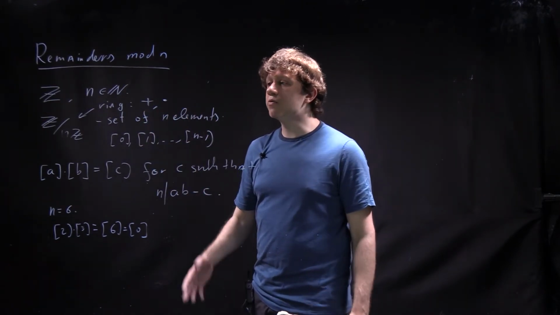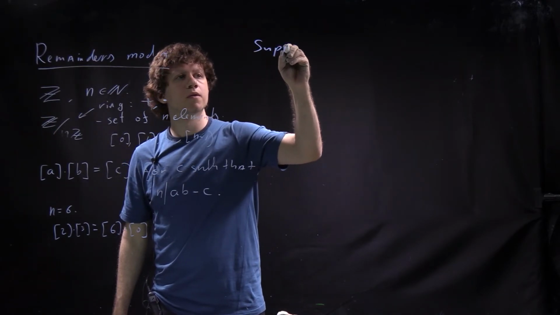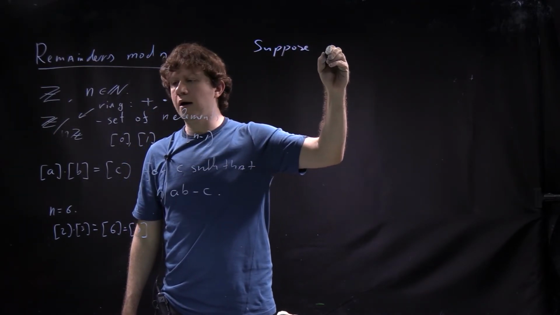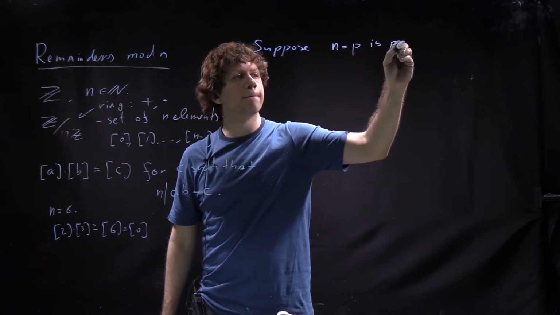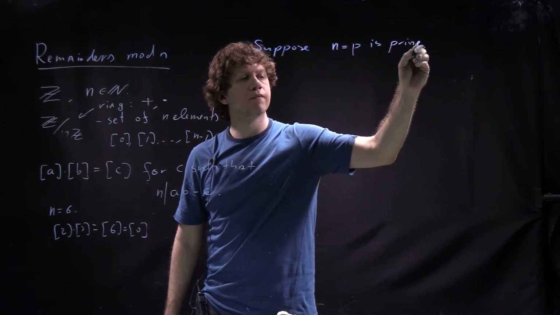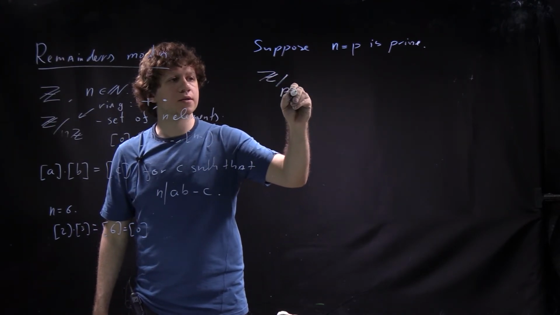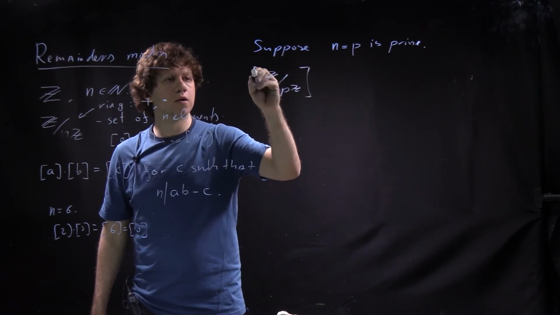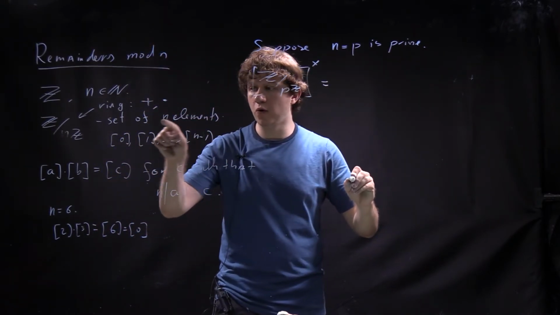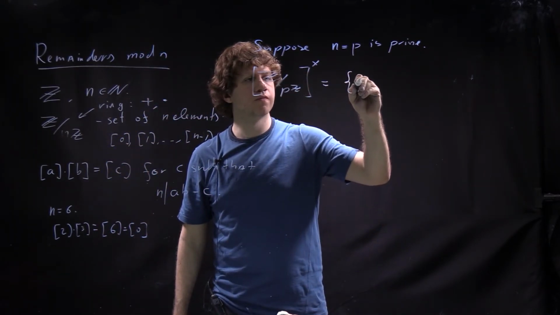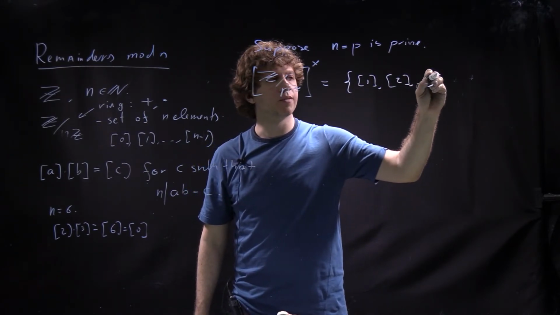But here is something interesting. Suppose n equal to p is prime, and let's consider (Z/pZ)^×, which will be a set consisting of all classes except 0: 1, 2, up to p minus 1.